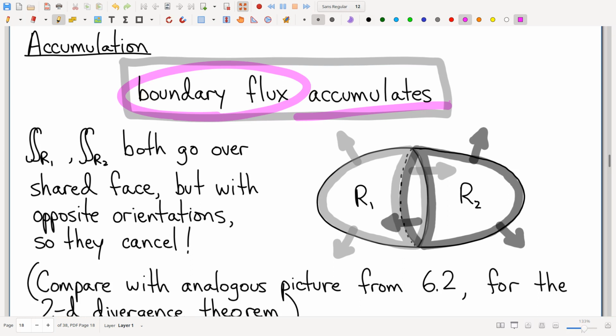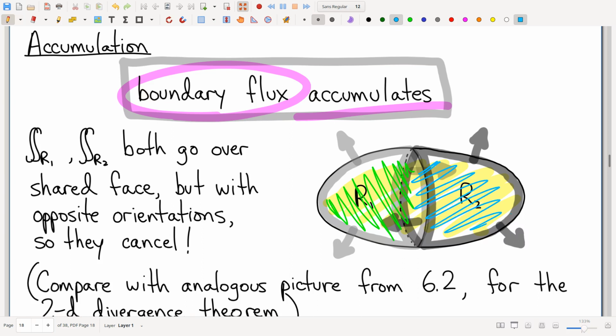By which I mean, if you look at a whole solid, you can talk about, for example, what's the outward oriented boundary flux on that whole solid. Then on this chunk called R1, this green region here, you could talk about what is the outward-oriented boundary flux there, and there as well, and the question is going to be, is green plus blue equal to yellow?